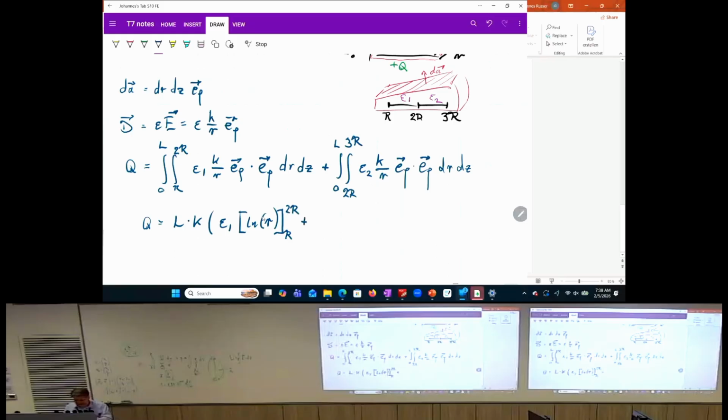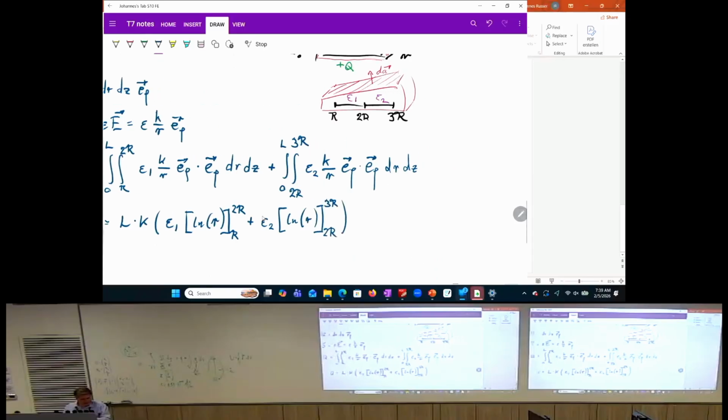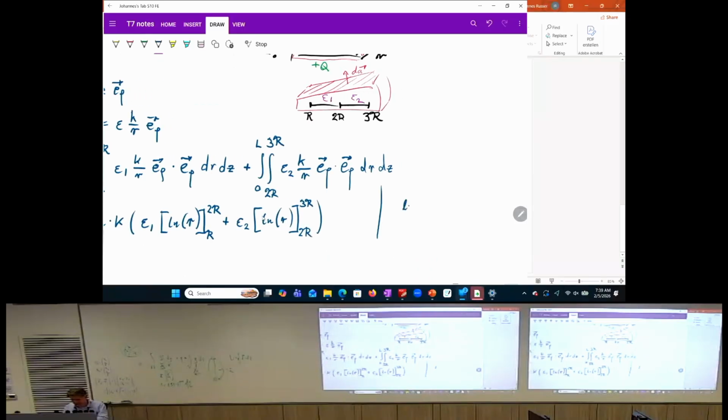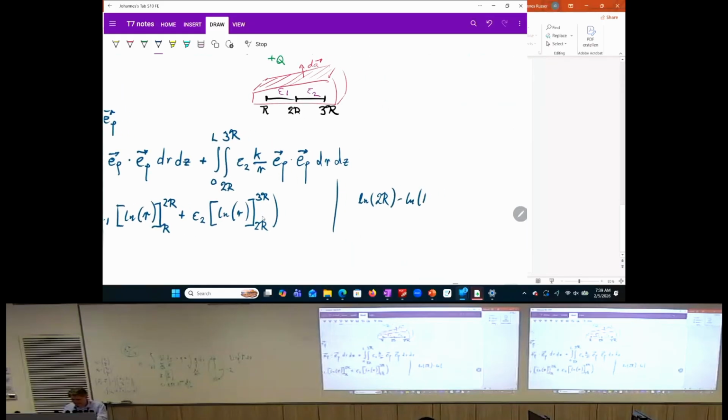And in the second area, we have pulled out the L and the K, and then this gives us epsilon 2, and we integrate 1 over r, so that gives us a logarithm of r running from 2r to 3r. Mind, the natural logarithm of 2r minus logarithm of r is actually ln of 2r over r, right?